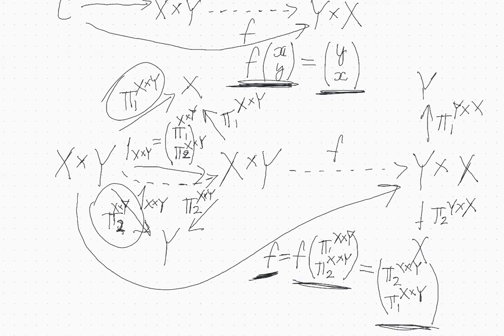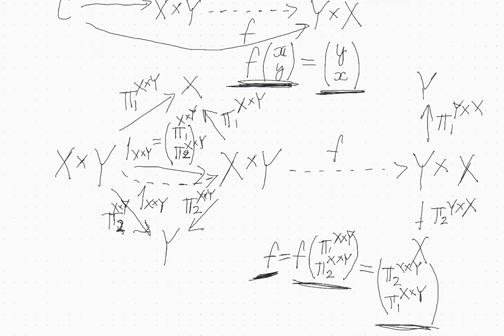Okay, so for this specific scenario, what are we looking for? We're looking for f such that f composed with pi 1, pi 2 equals pi 2, pi 1, right?